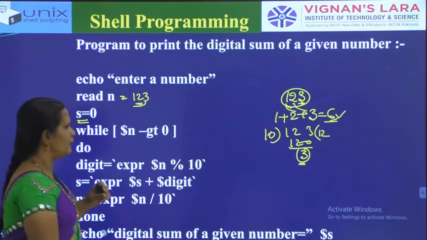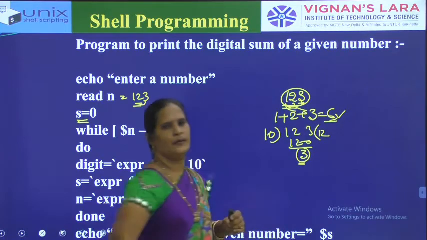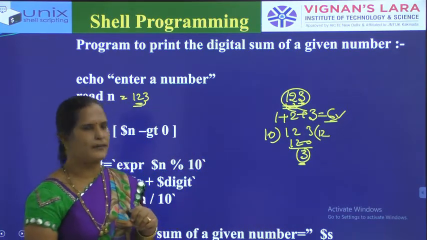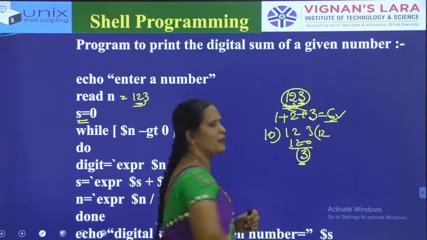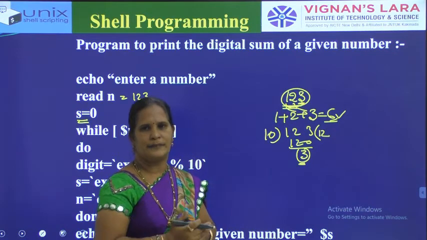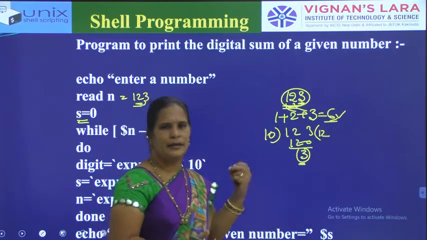Next, first we have to check whether this number is greater than 0 or not. If it is greater than 0, we have to get each and every digit of that number and then add each and every digit to find the digital sum of the given number.